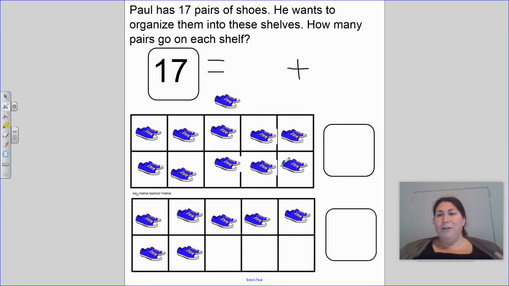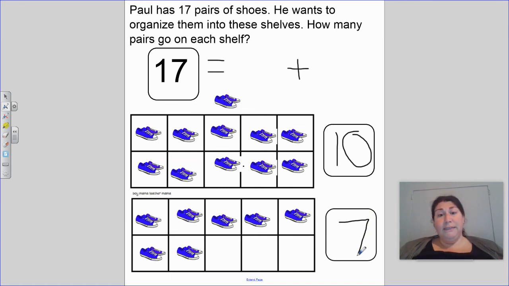So when we break apart 17 into 10 and some ones, this first 10 frame is filled. If the 10 frame is filled, we know that there are 10 shoes in it. So there's our 10. And now this second 10 frame, let's see how many are in this one. 1, 2, 3, 4, 5, 6, 7.